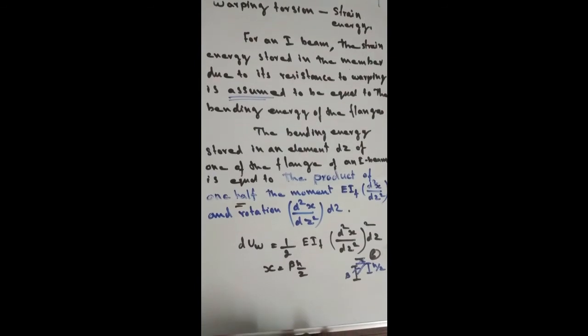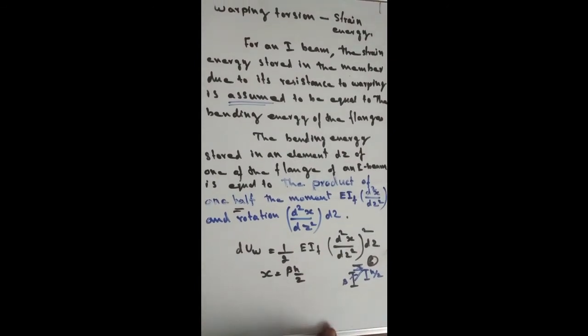There I missed a square: E I_F into d squared x divided by dz squared, whole square. So we get E into I_F into height squared divided by 4 into d squared beta divided by dz square into dz.